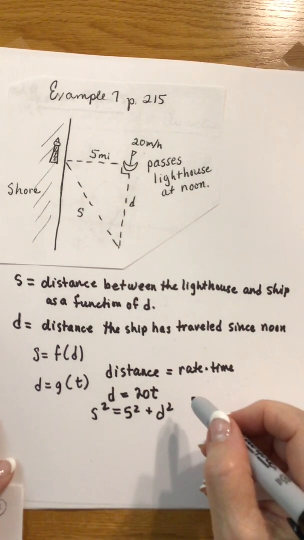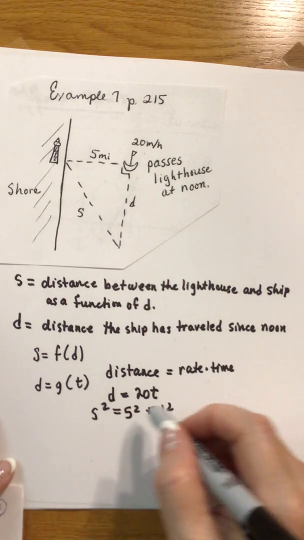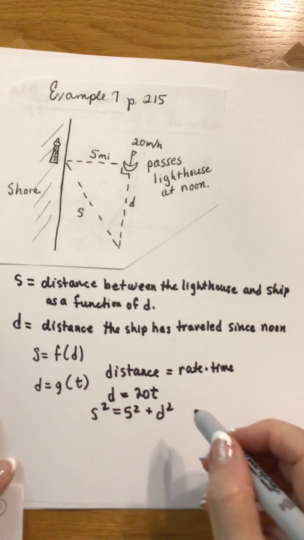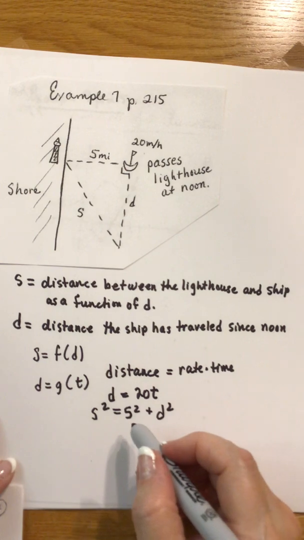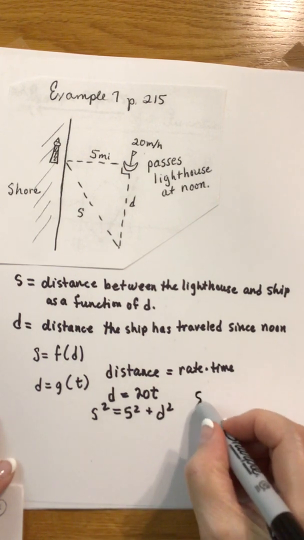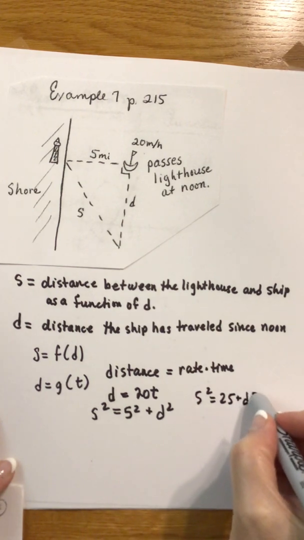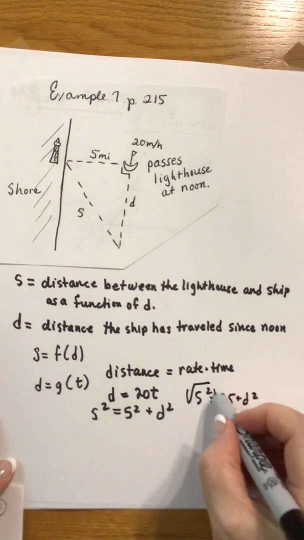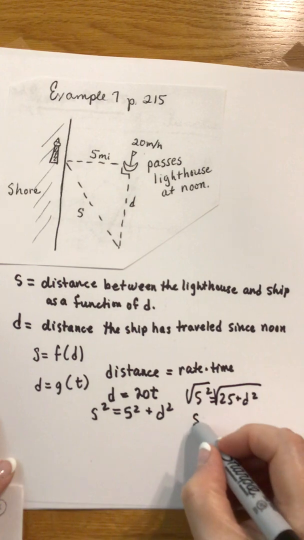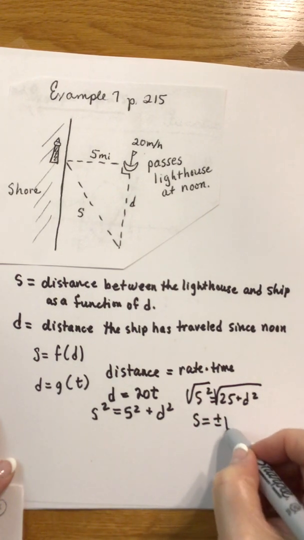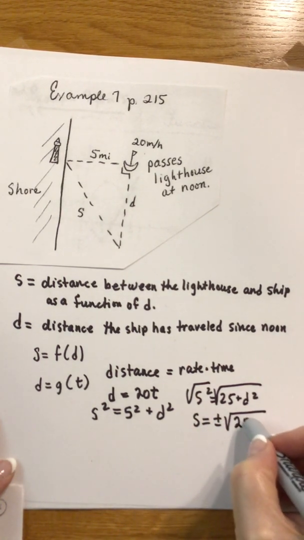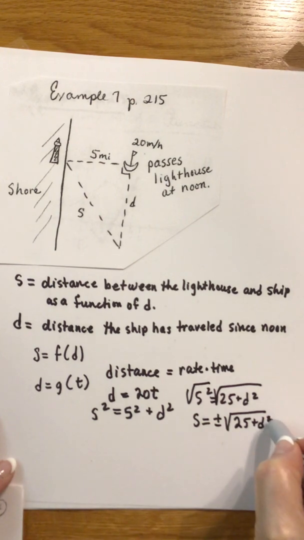So now what are we going to have to do? Well, we're going to go ahead and simplify this for S. So we're going to take the square root on both sides. Let's do that over here. So S equals plus or minus the square root of 25 plus d squared.